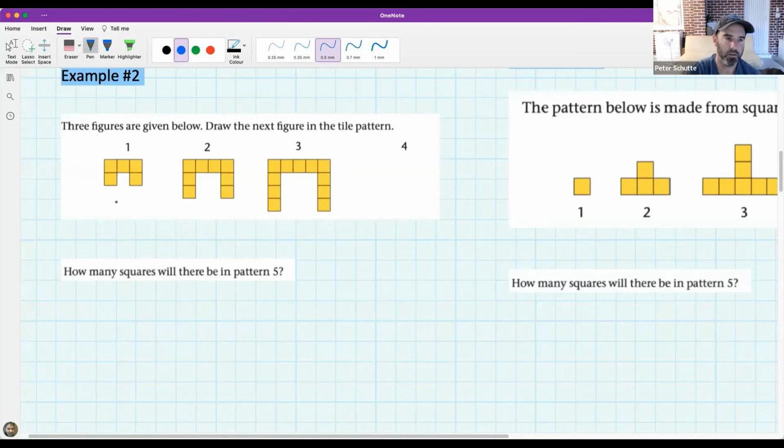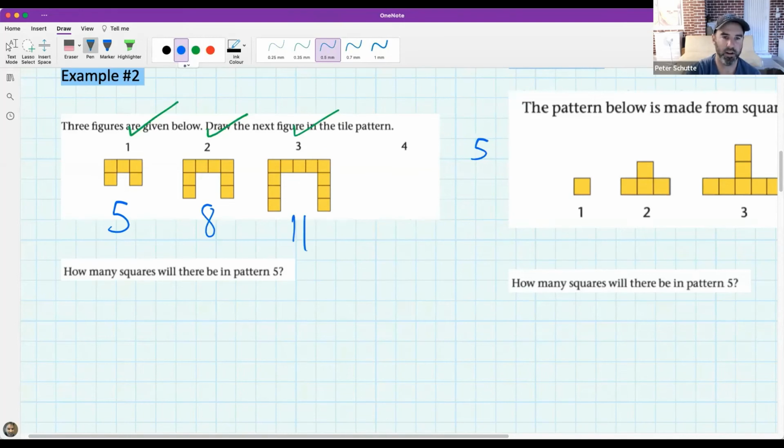So 1, 2, 3. So this is 5, 2, 3, 6, 7. That's 8. That's 11. So remember, we want pattern number 5. So we've got pattern number 1 or figure 1, figure 2, figure 3.